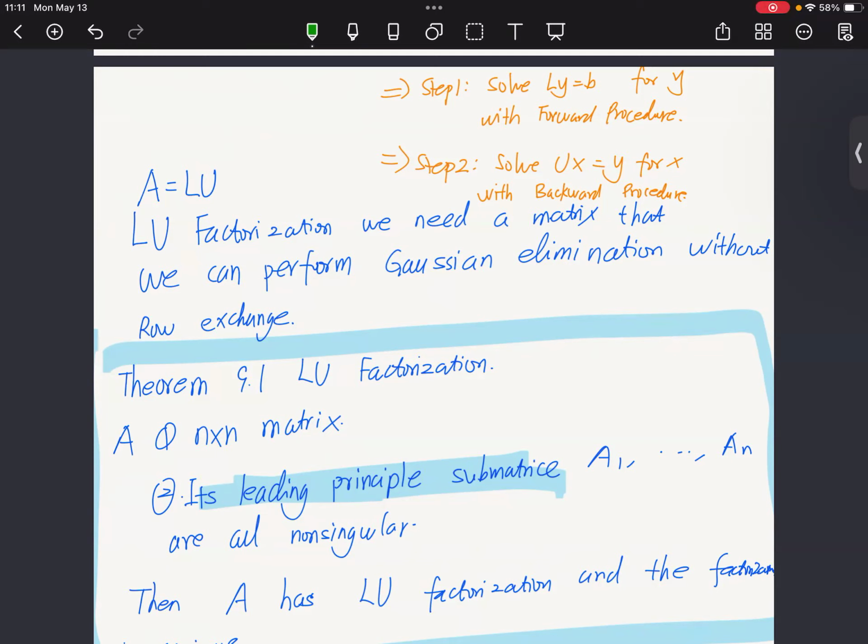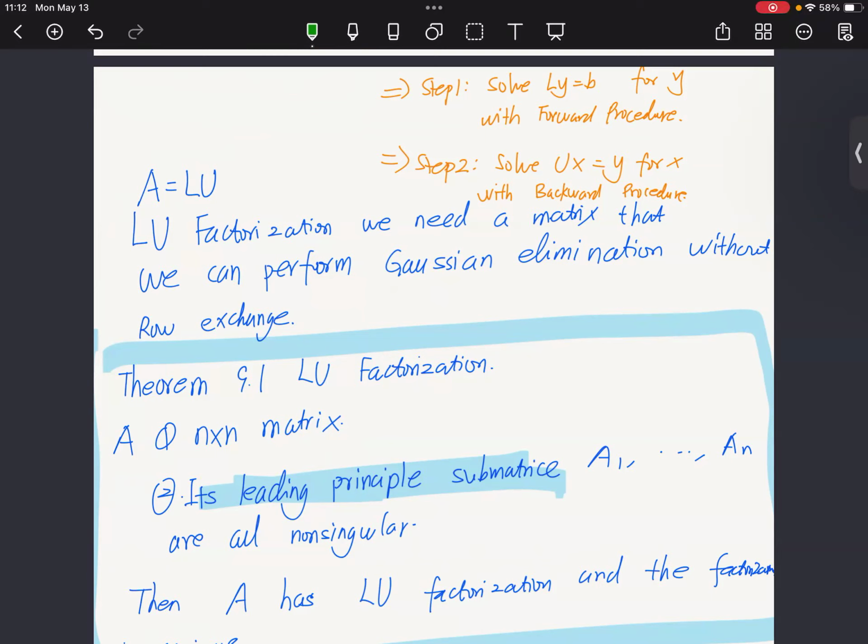But in the derivation, the textbook has assumed one thing about the matrix of the system. The assumption is that we can perform the Gaussian elimination without row exchange. As I mentioned last time, if you haven't gone through the whole Gaussian elimination process, you don't know beforehand if we need a row exchange.